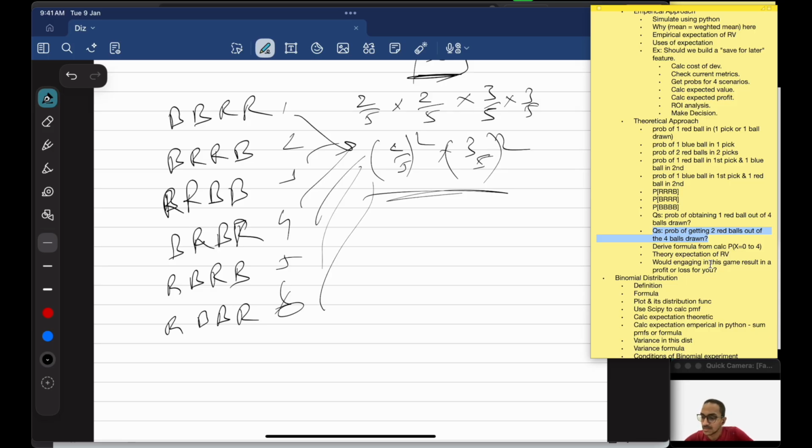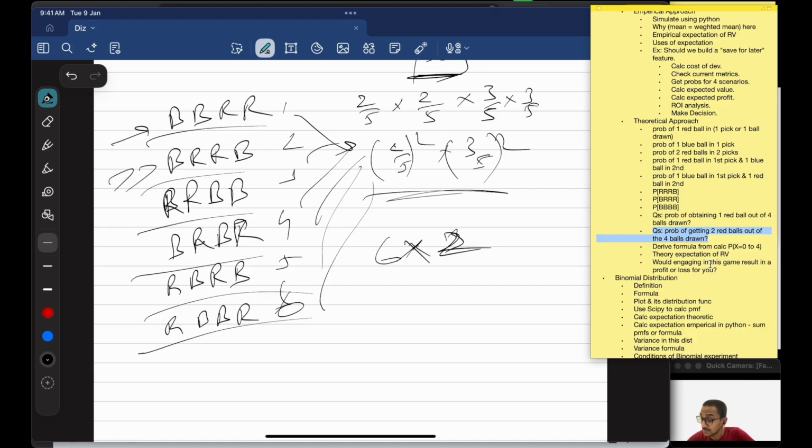And since these are all mutually exclusive, each of them is an OR condition, so we'll multiply by 6 into the probability of a single trial for 4 balls drawn, which will be nothing but 6 times 2 over 5 squared times 3 over 5 squared.